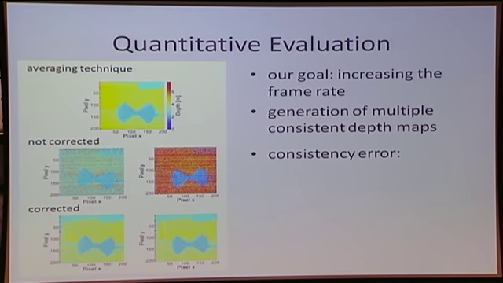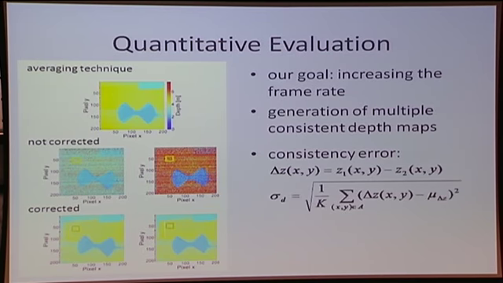We evaluated these results quantitatively by analyzing the consistency of the generated single depth maps. This was done by comparing these 2 single depth maps without any correction and these which were created using our technique.